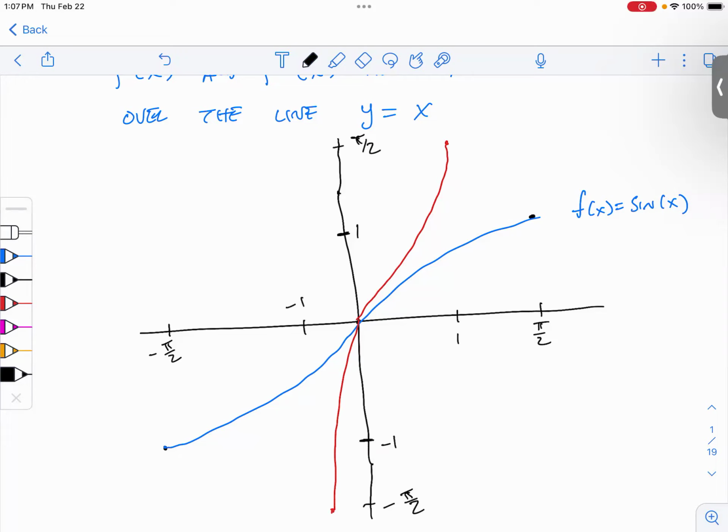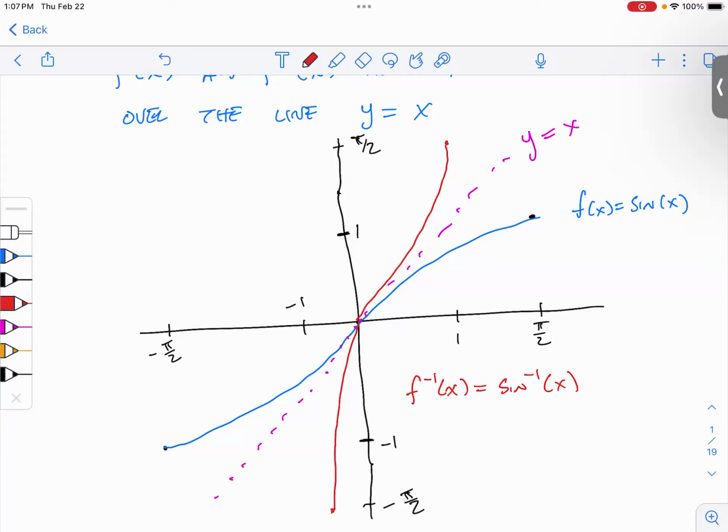And graph not to scale. So all of these are then symmetric about the line y equals x, and we have our function and its inverse.